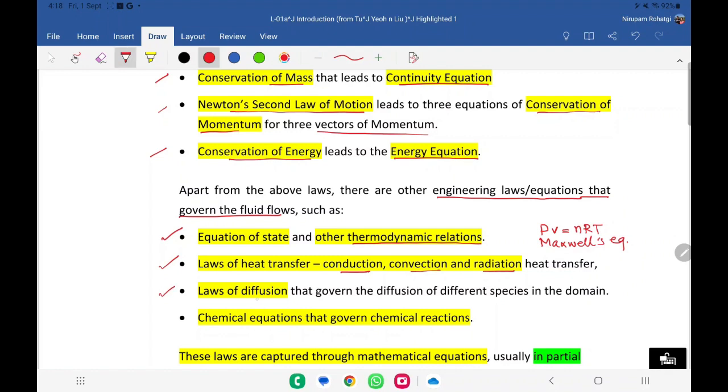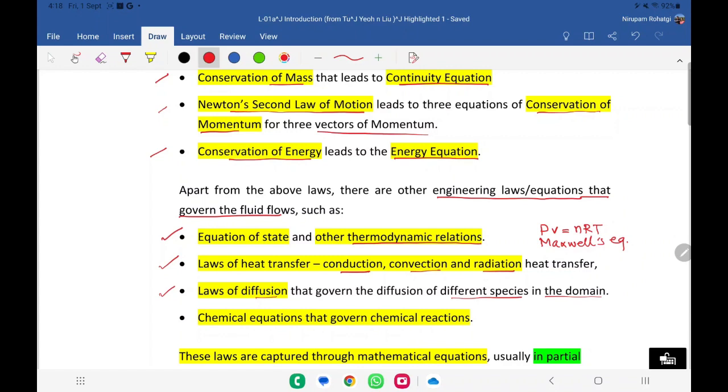Then laws of diffusion. I told you that whenever there are different species in the domain, they exchange. Then the concentration doesn't remain uniform. What is diffusion? There are two different species, and one is moving from one place to another, that is the diffusion process, okay? And it depends. Even if there are multiple species and there is no movement, intermixing or change in concentration, you can take it as a single species, right?